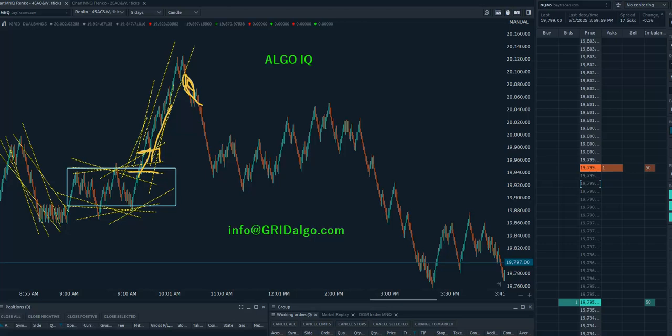I think it'll be a brilliant, very visually efficient tool for those that are into breakout trading, high momentum trend following trading, or anybody that's into using trend lines.